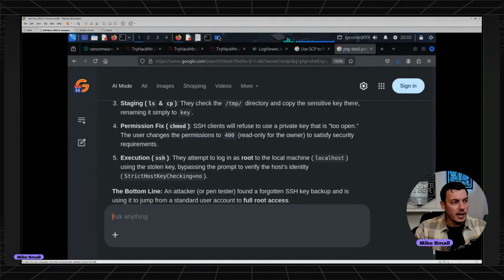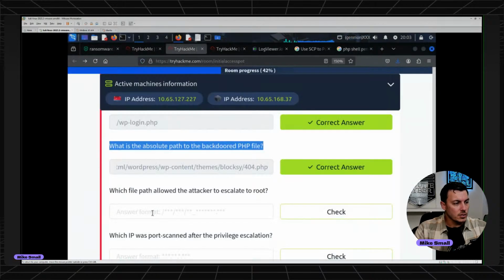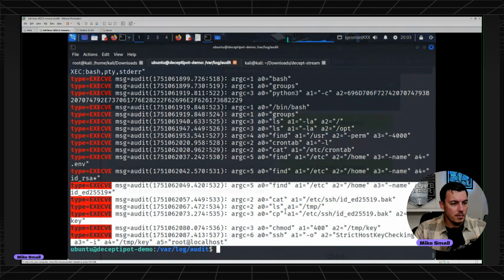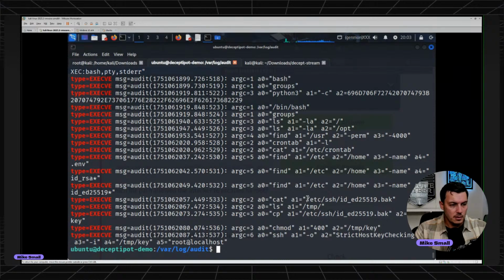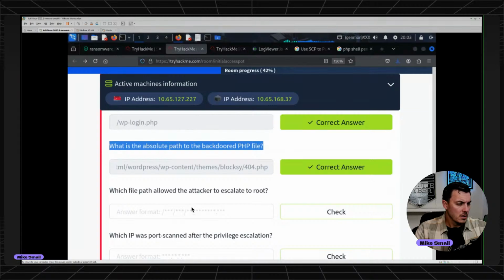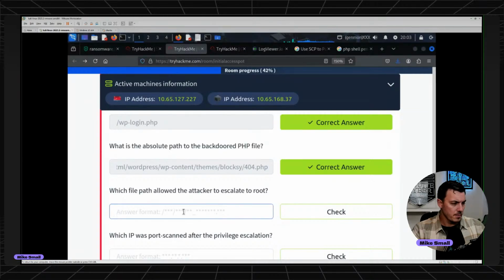So we now know exactly what the answer is to our other question. What is the file path? So if we look at these logs, we can say the path is this. Unless they want us to do it in temp. I don't know. We'll see. No, this looks right.